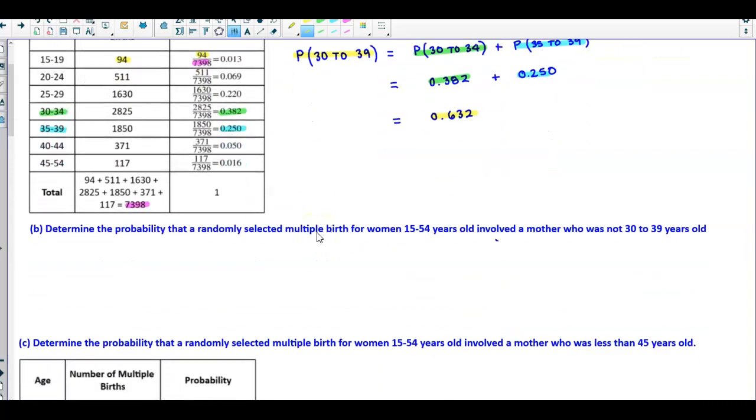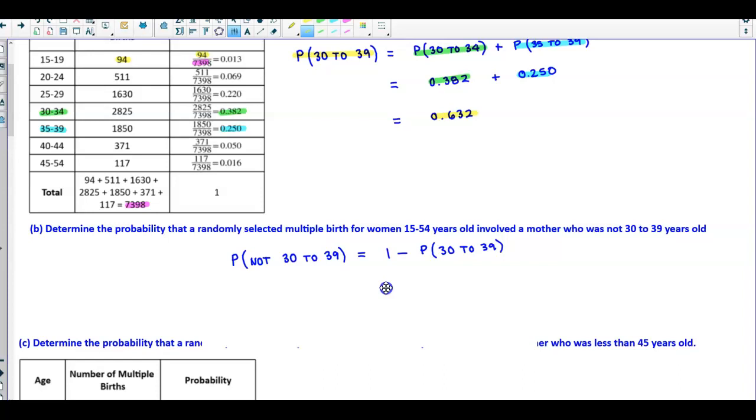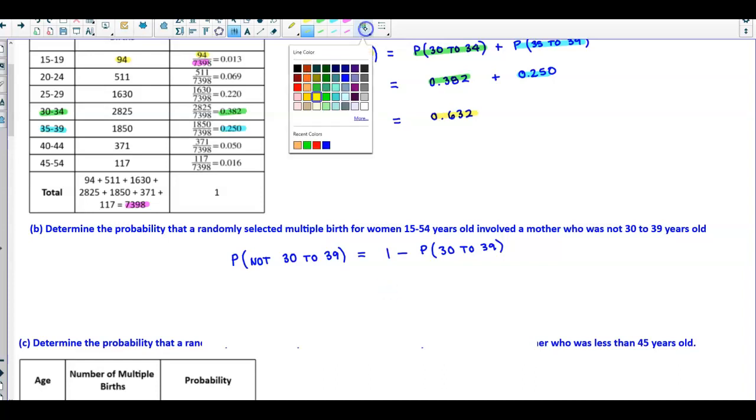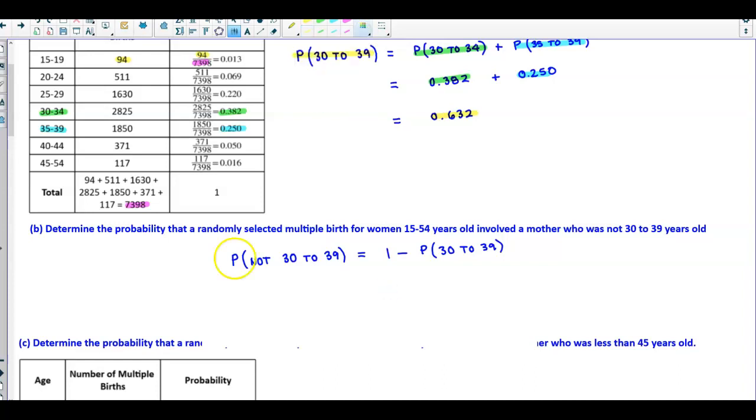Next, it says determine the probability that a randomly selected multiple birth for women 15 to 54 years old involved a mother who was not 30 to 39 years old. Well, in this case, we have to use the complement. To find that, we take 1 and subtract the probability that we found in the previous step, meaning 30 to 39.